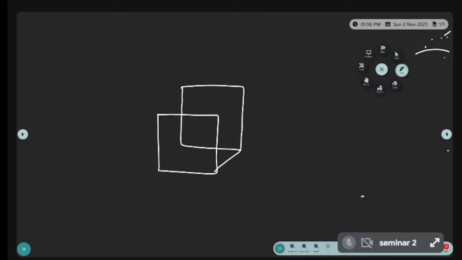BCC full form: body centered cubic crystal. How many atoms are there? How to represent BCC?